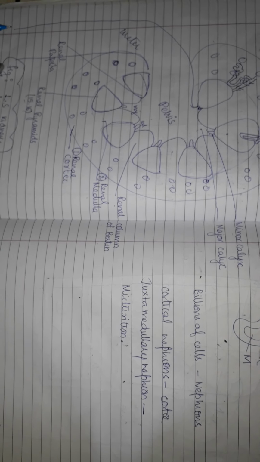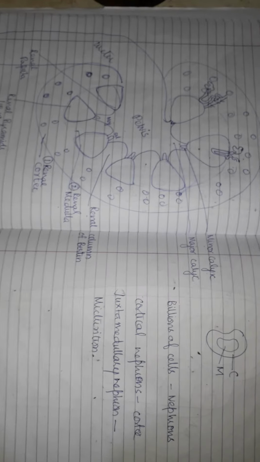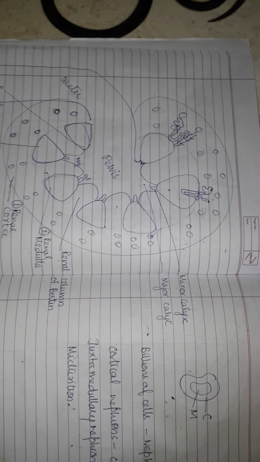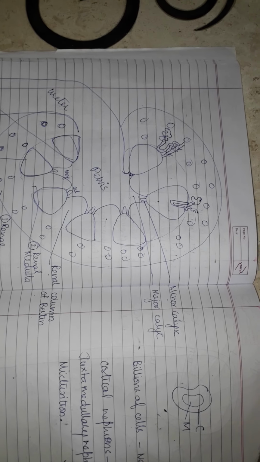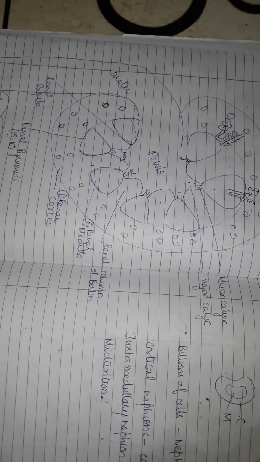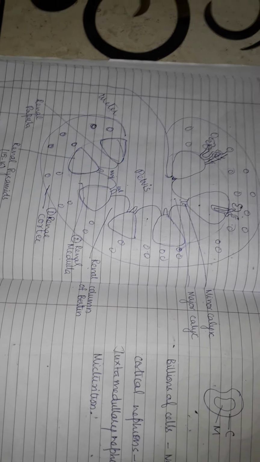And when it becomes more than half filled, a message is sent to the brain and the sensation of urine is felt, and then urine is excreted outside the body, and this process is called micturition.